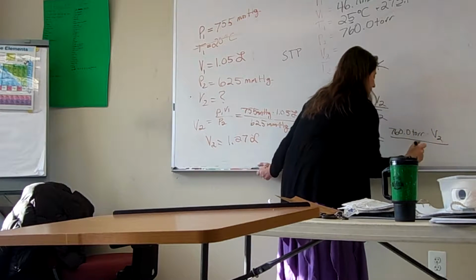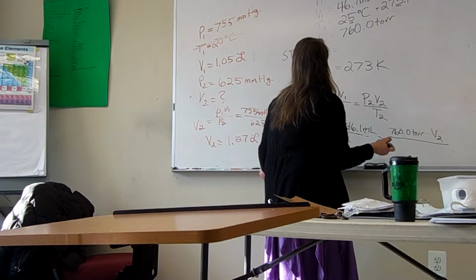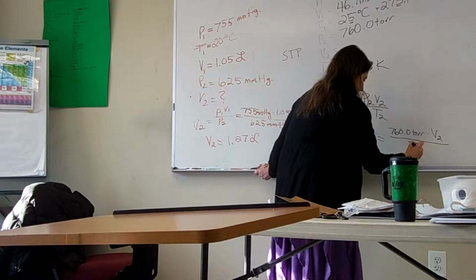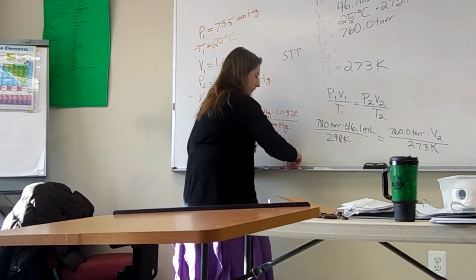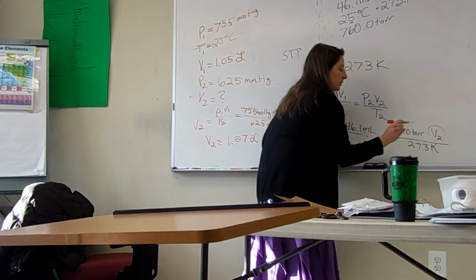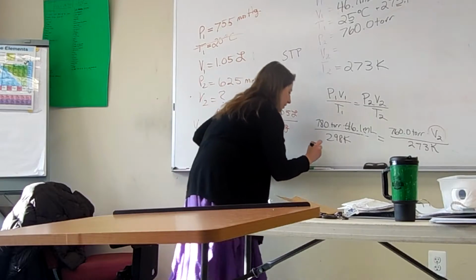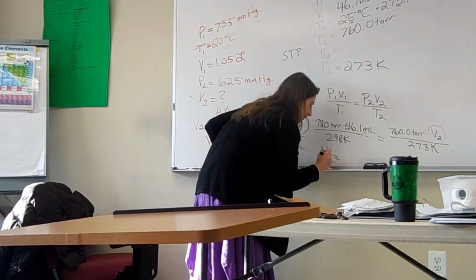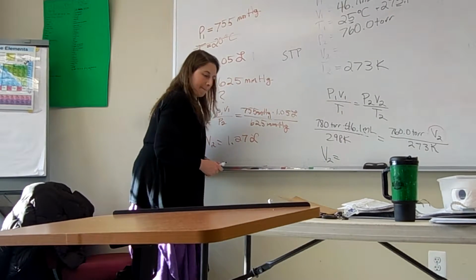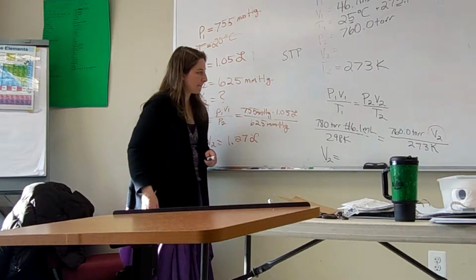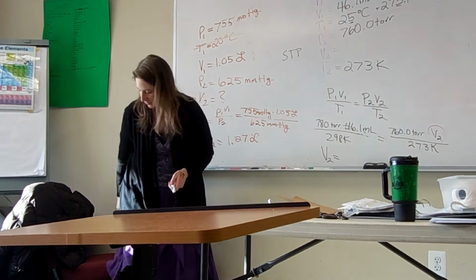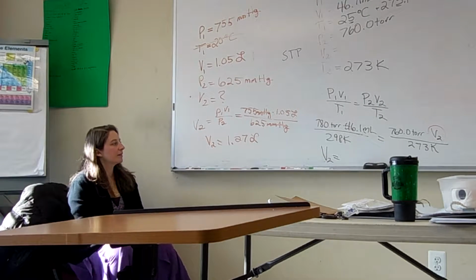There's our variables, or unknown, I guess it's not varying. Okay, so if we solve for V2 here, eventually, what will we get? If you haven't done it, feel free to do it.